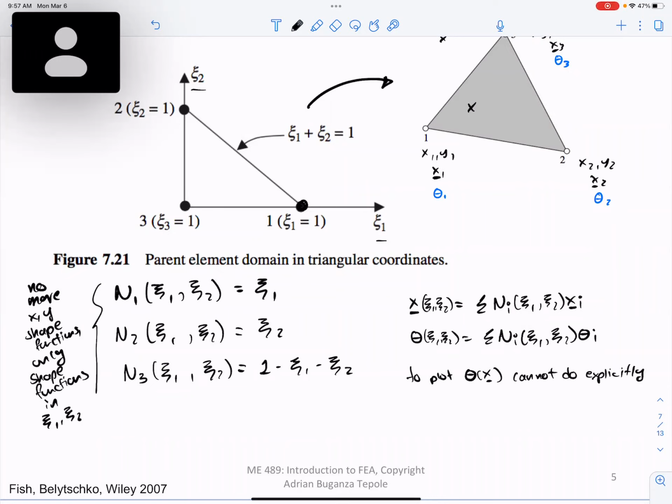Rather, I need to evaluate both x as a function of psi vector, and theta as a function of psi.